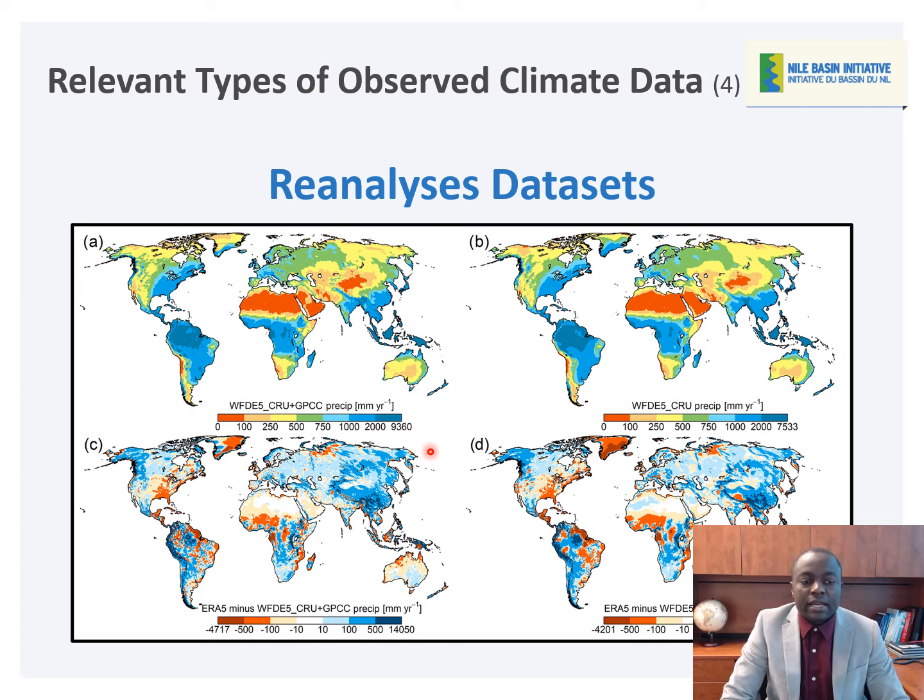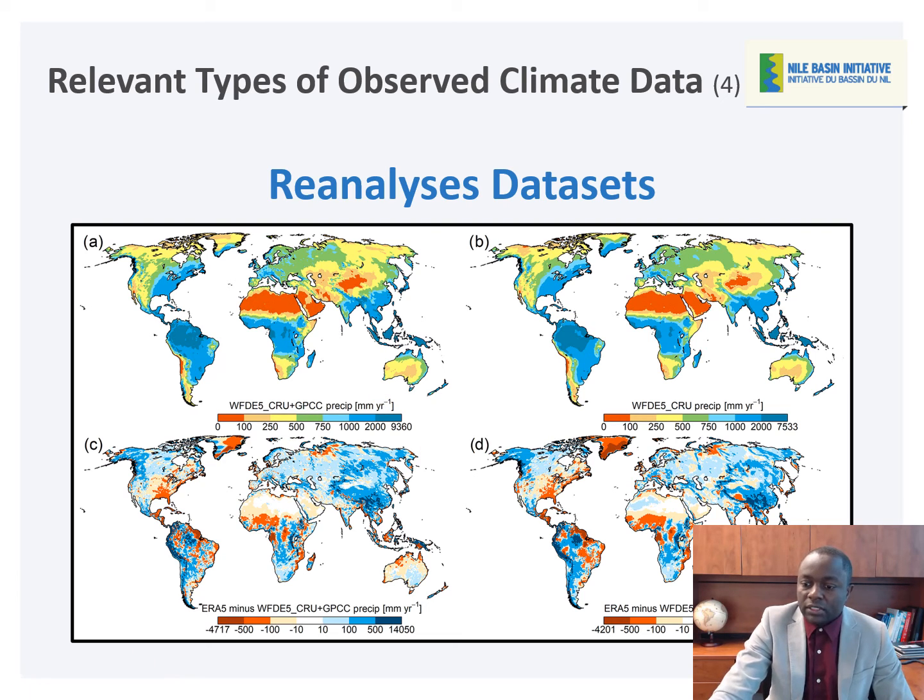Reanalysis data provide the most complete picture currently possible of past weather and climate, and they are a blend of observations with past short-range weather forecasts rerun with modern weather forecasting models. So they are typically outputs of some kind of a physically based model. They are globally complete and consistent in time, and are sometimes referred to as maps without gaps.